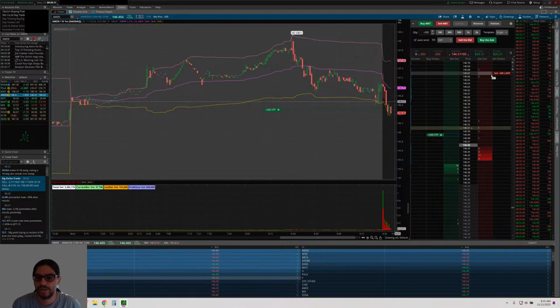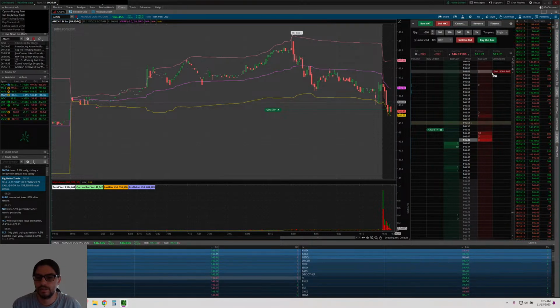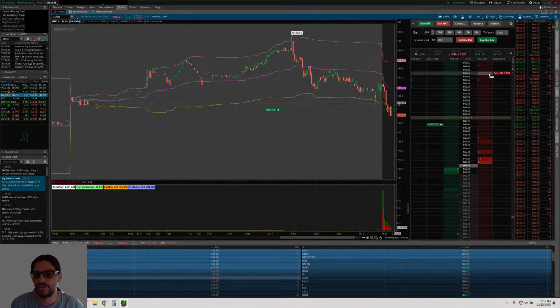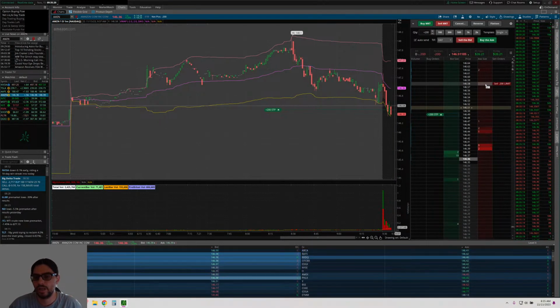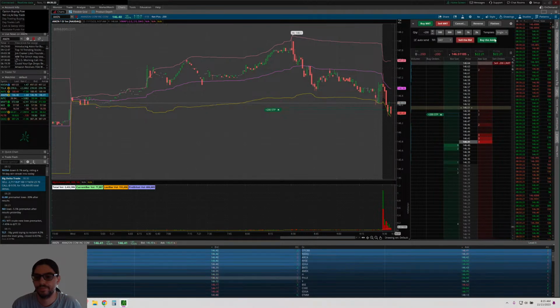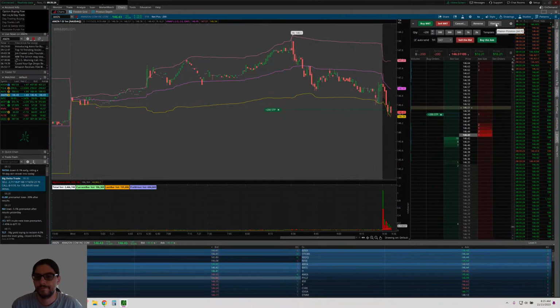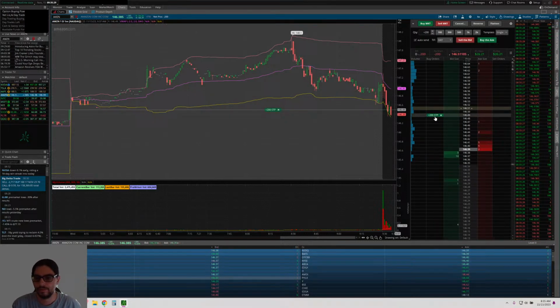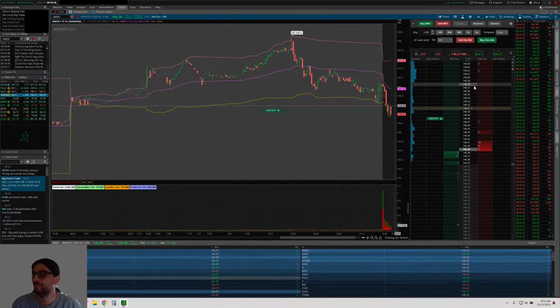So that's going to be protection right there. Just in case it wanted to get some ground, we're not going to allow it. And we're going to let that go. Give it a little bit more room.